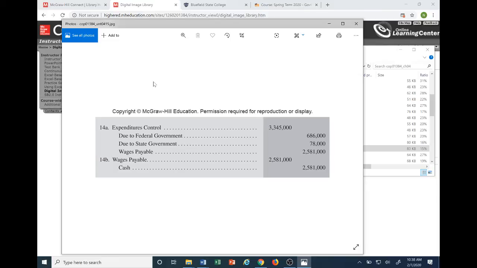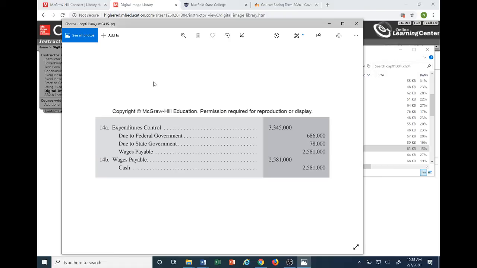So we know when we get our paycheck, we have our gross pay, right? Then we have our federal income tax coming out, our state income tax, Medicare, Social Security, right? So that's what we're talking about here. So when the village cuts that check, the full payroll for the gross amount has to be debited as expenditures control, right?